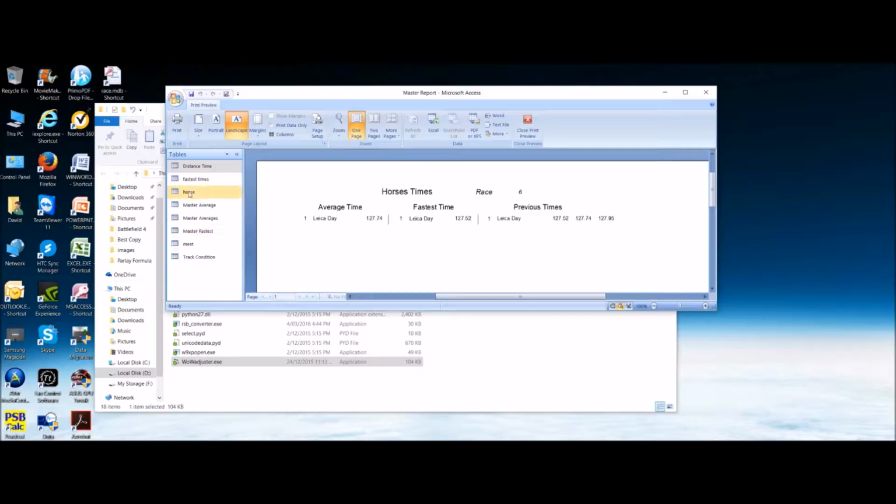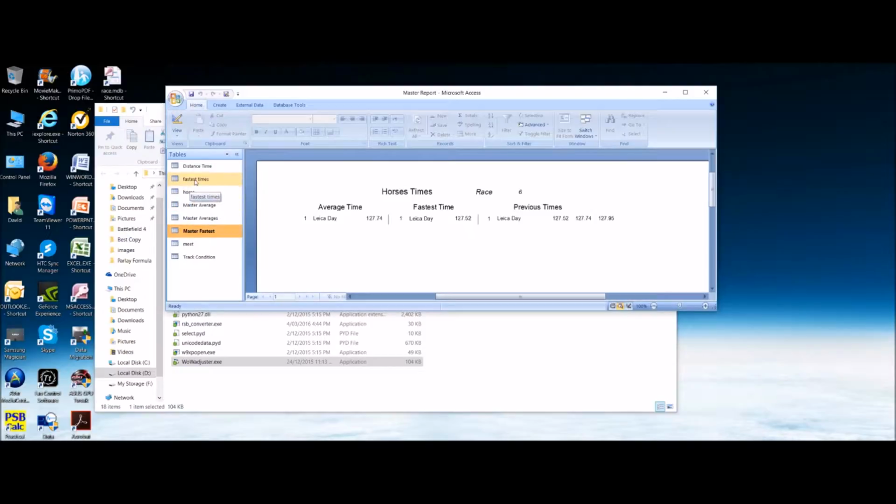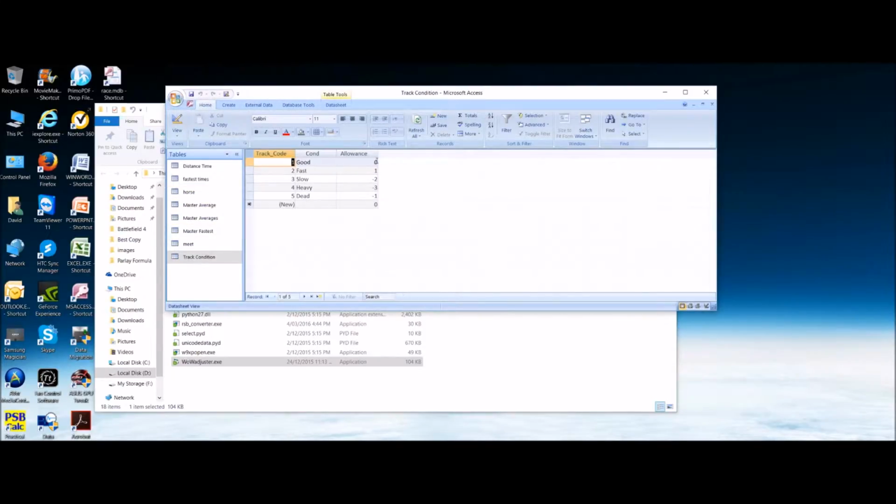But all these reports and integers and macros that are working in behind here to calculate, and the track condition, for instance, all of those ratings there that I've got.